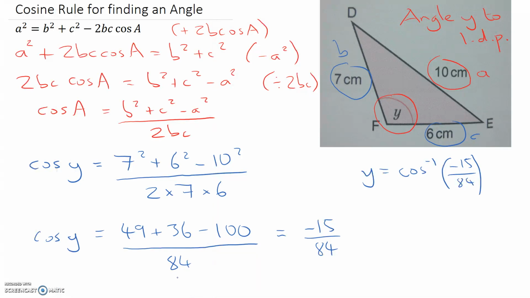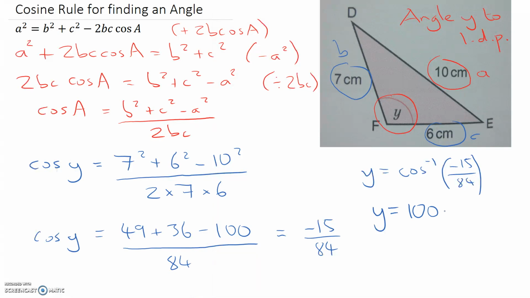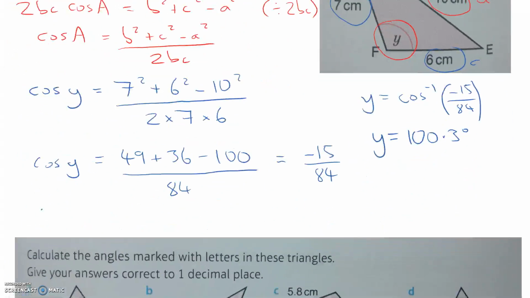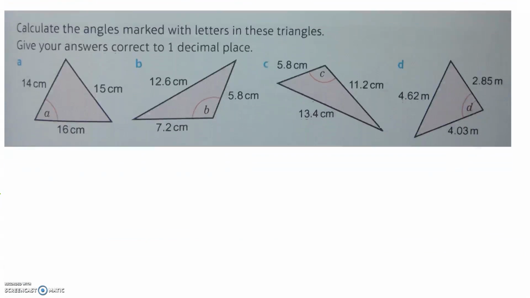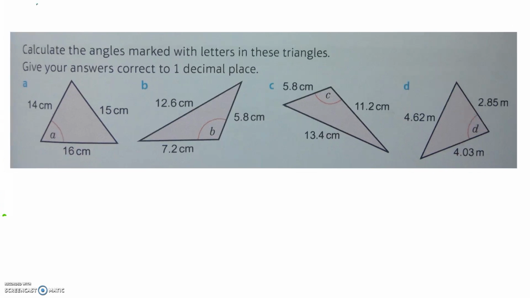So we know that y is equal to, what do we want? One decimal place, so we need 100.3 degrees. So we found angle y, 100.3 degrees. If that made sense, as usual, here are some for you to try.